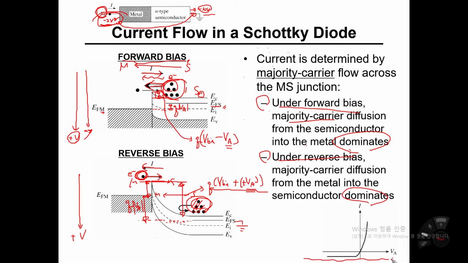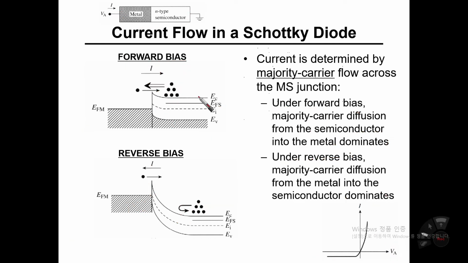Then you may guess the current versus voltage plot. With the knowledge that you have, you can draw this curve shape. Why? Because the total number of electrons as a function of energy is exponentially increasing, since they follow the Boltzmann distribution.